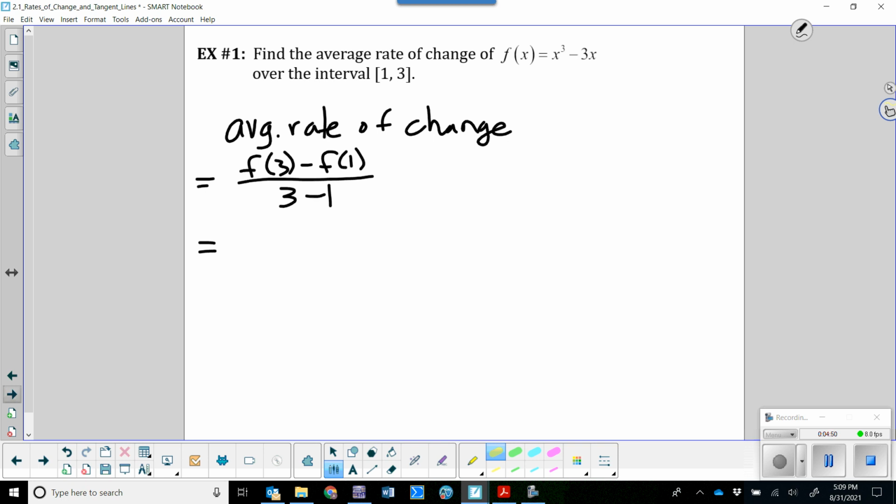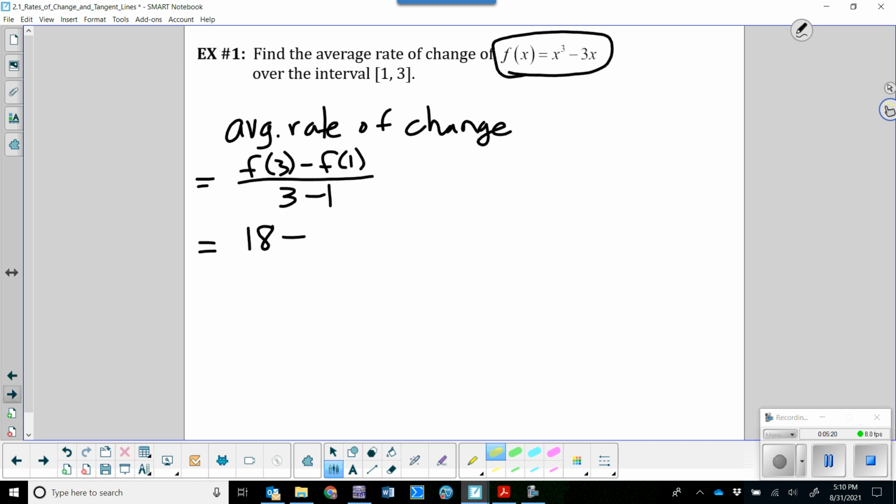Okay? And then I could just do the arithmetic. I can plug numbers in if I feel like I need to. I could do the arithmetic to the side if the numbers are big. If the arithmetic's easy, I would just do it here. So I just look at the function right here, f of x, and I imagine plugging in 3. So 3 cubed would be 27 minus 3 times 3, so that'd be 27 minus 9, which would be 18 minus f of 1.